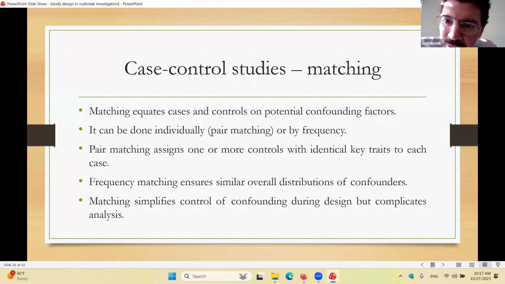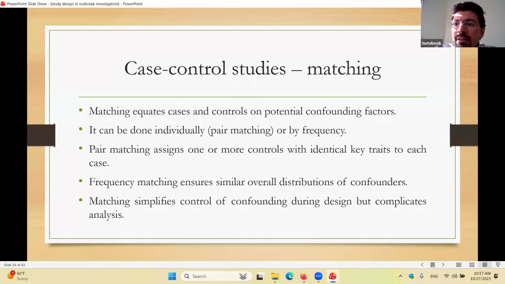For controlling confounders in general, we have two approaches: controlling at the study design level, and controlling at the analysis level.